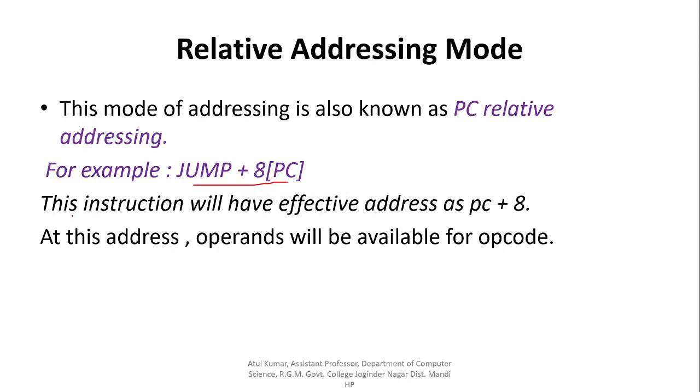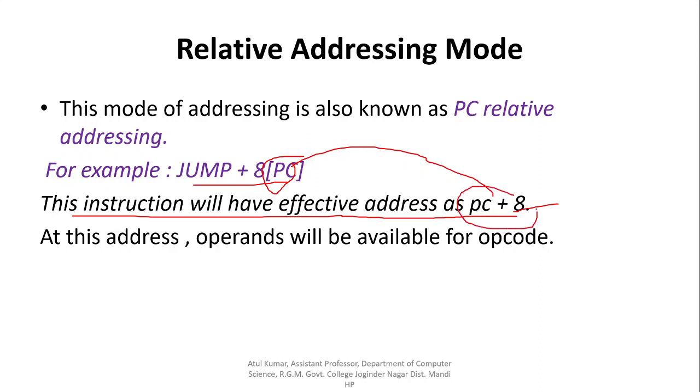In this instruction the effective address is PC plus 8. So we have the program counter, we add the value 8 to the program counter value, and this gives the effective address, where the operand is stored in memory.